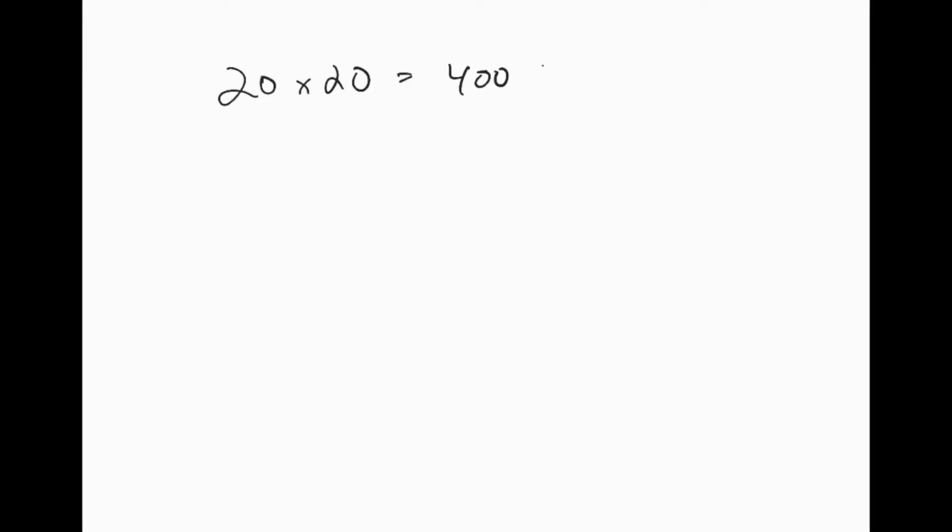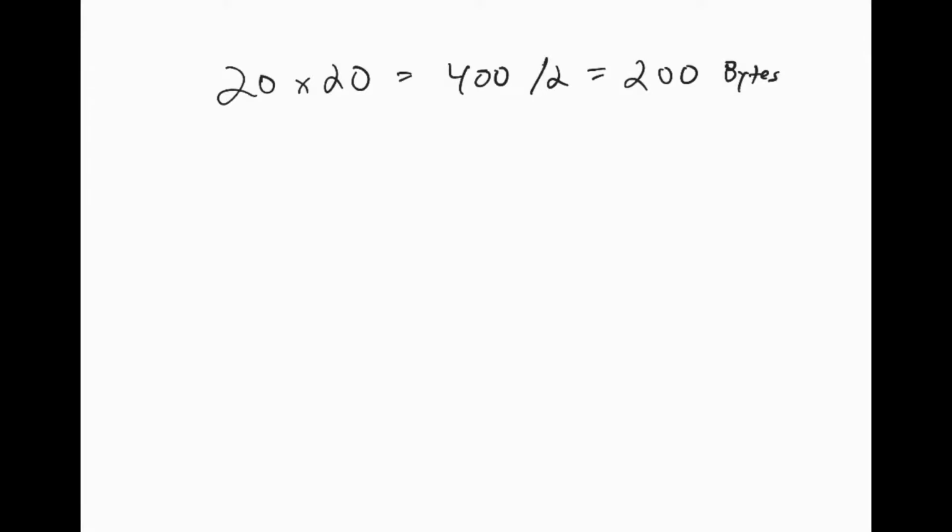So let's say we want to use a 20 by 20 tile size. 20 by 20 is 400 pixels at 4 bits per pixel, right? So you can divide by 2 and actually get 200 bytes for a 20 by 20 tile size. 20 by 20 pixels for a tile gives us 200 bytes.